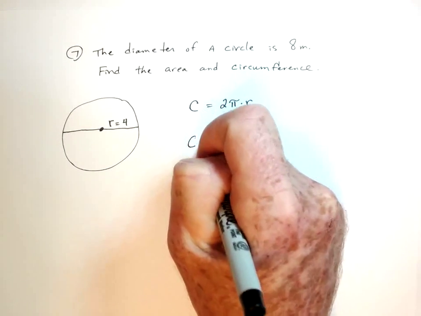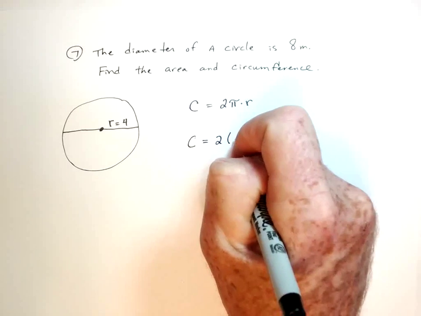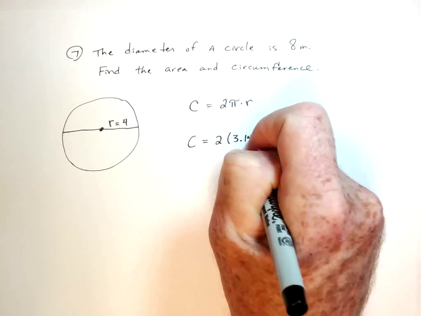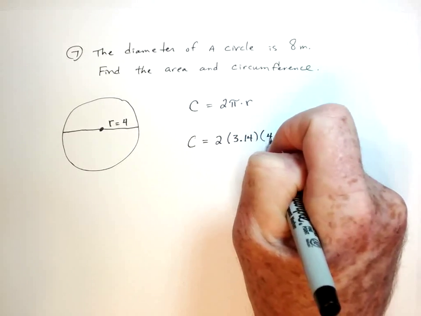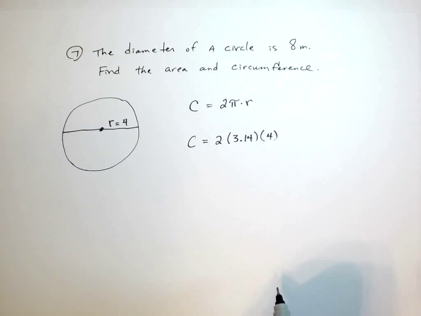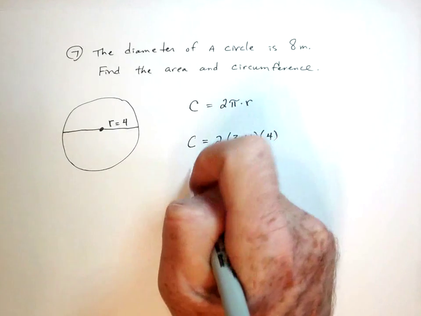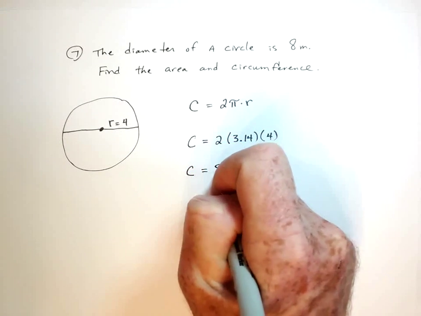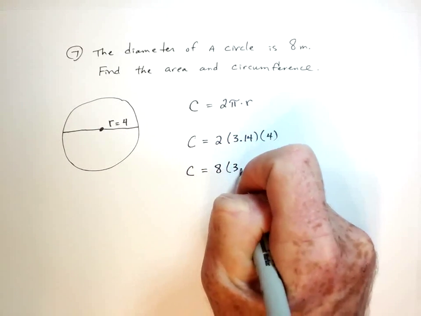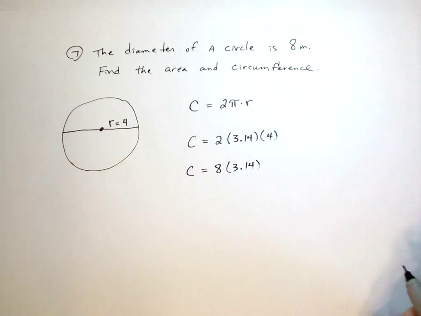So circumference equals 2 times pi times the radius, which is 4. In order to multiply these numbers, I'm going to put the 2 and the 4 together. That makes 8. So it's really 8 times pi.